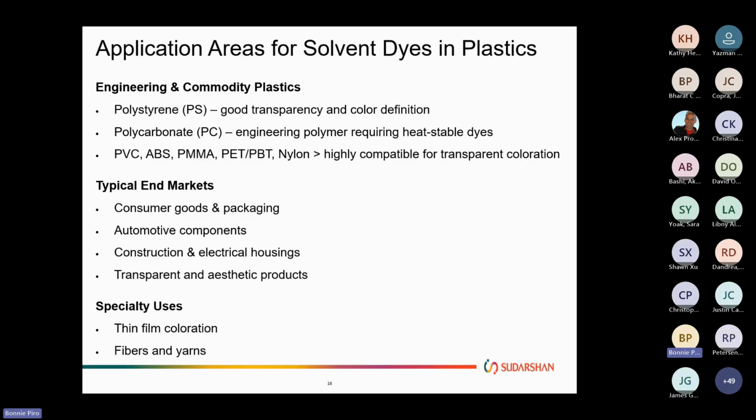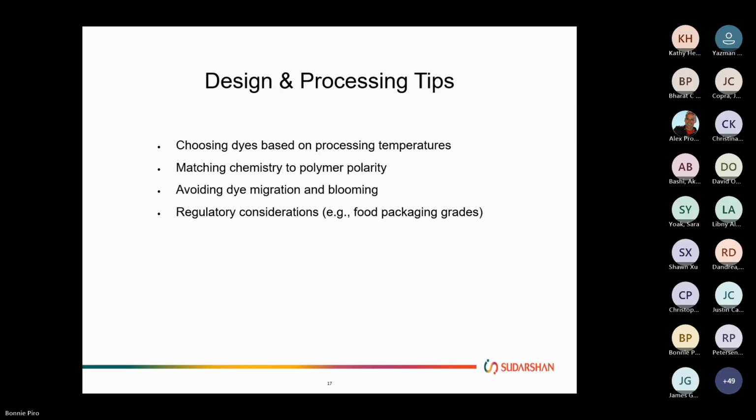Other specialty uses, thin film colorations, fibers and yarns, are also using some of these solvent dyes to get that very vibrant color at low usages. Some tips, again: matching the application to the dye for processing temperature, as well as the polymer polarity.